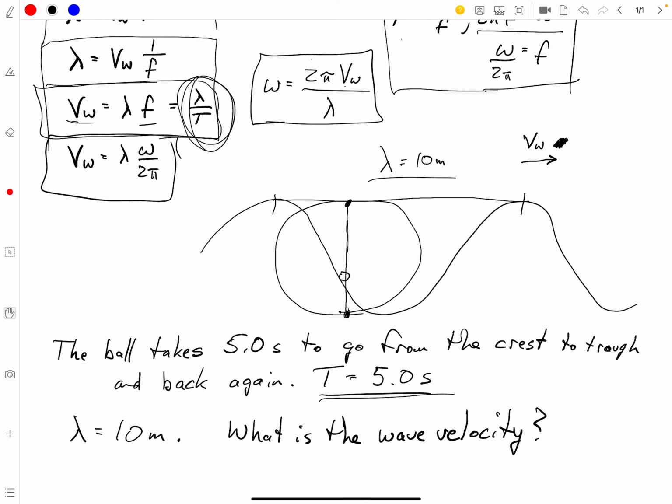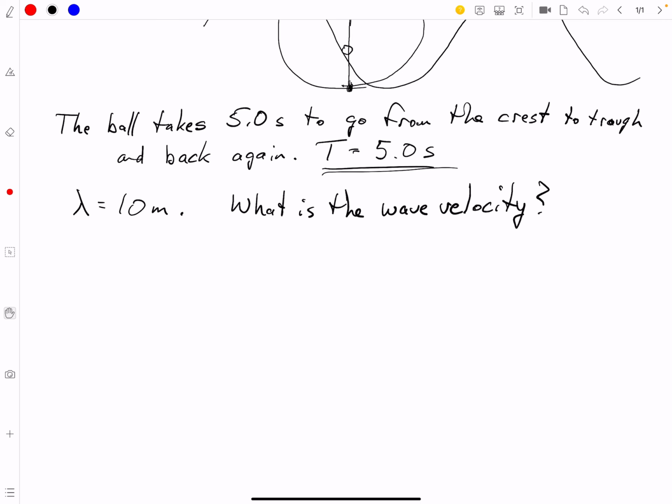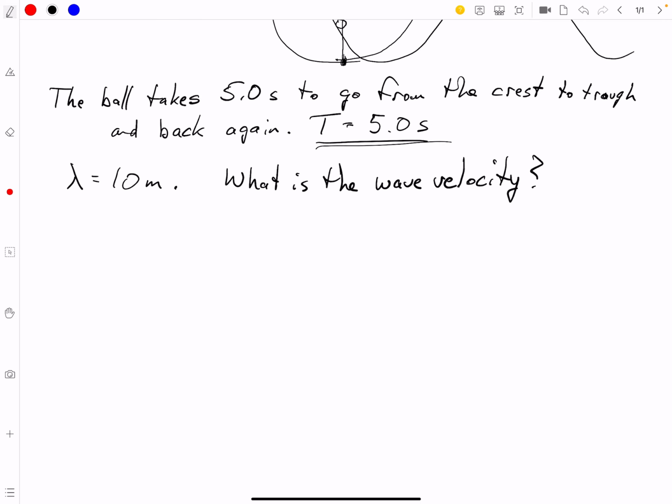So let's go back down here. V_w equals lambda over t. And like I said, if you're not sure, you can just write out x equals vt. And v equals x over t, which equals our distance, which is lambda, over our time, which is the period.